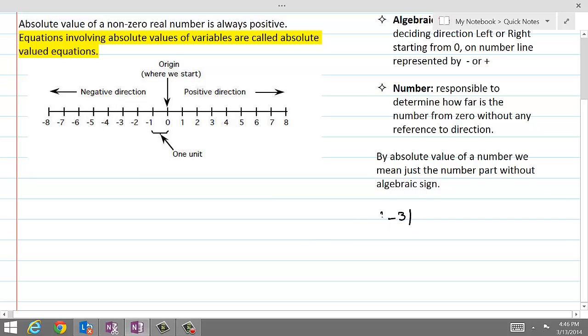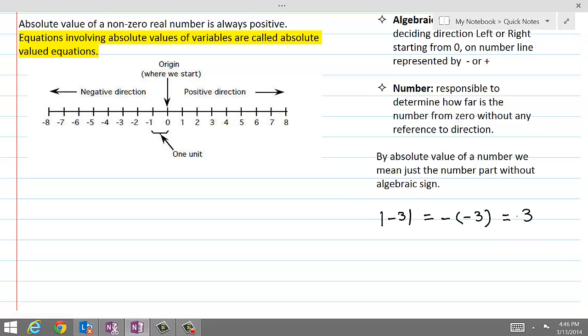Because the number itself, minus 3, is less than 0, a negative number, we place a negative sign outside and then write the number itself, minus 3, so that the answer is only 3, because negative times negative is gone and we are left with only the number 3.